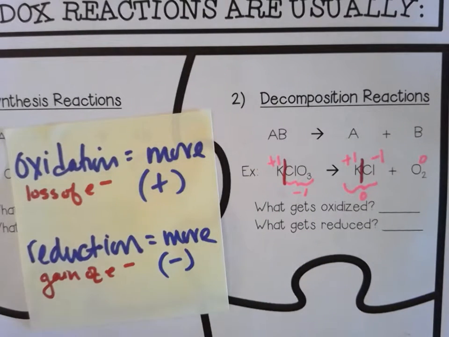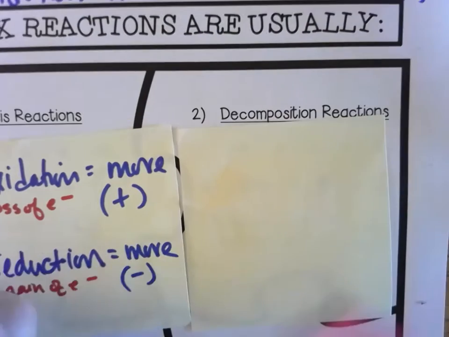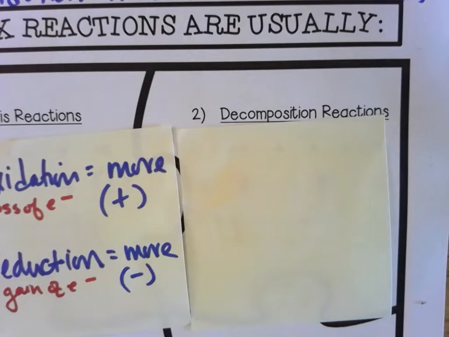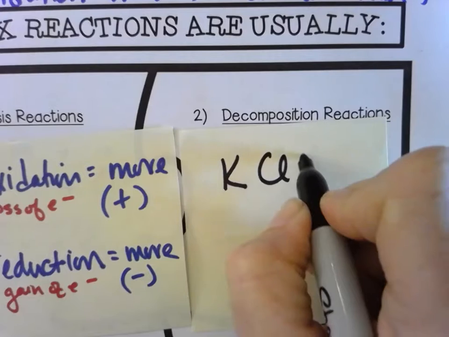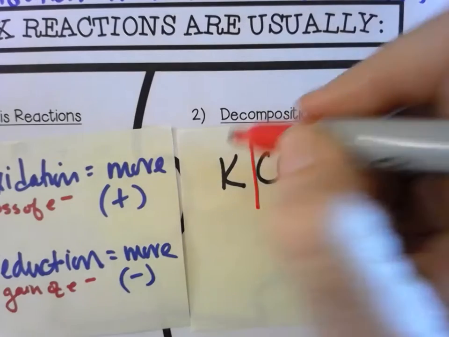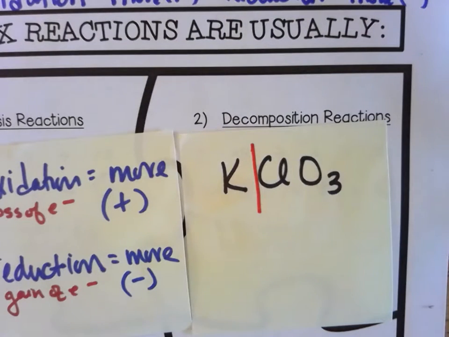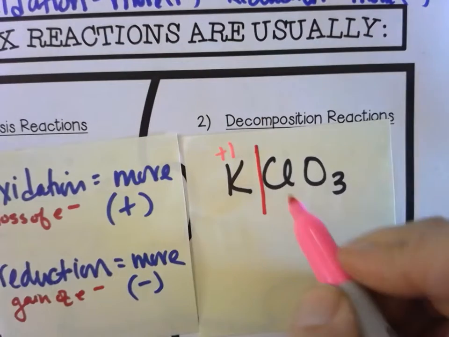I'm going to just write it a little bit larger so we can actually see it. So I have K, Cl, O, and a 3. I already split it here because it's ionic. I have the +1 here, and this whole thing has to equal -1.